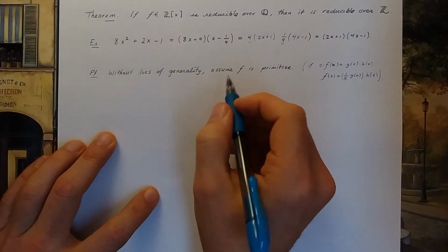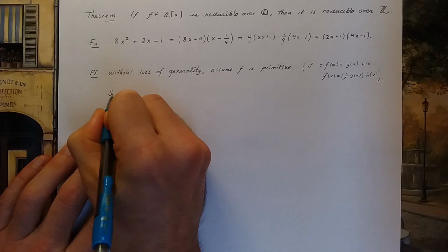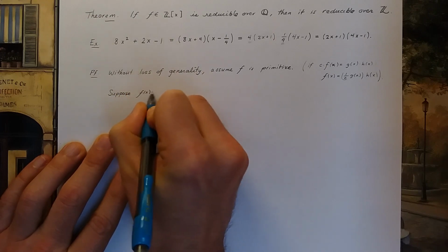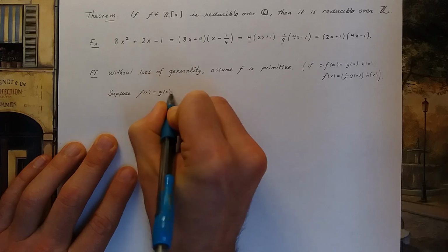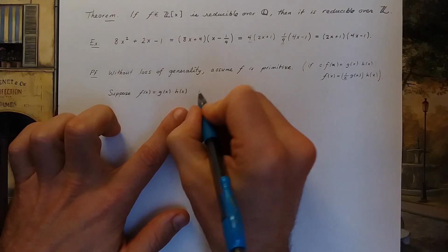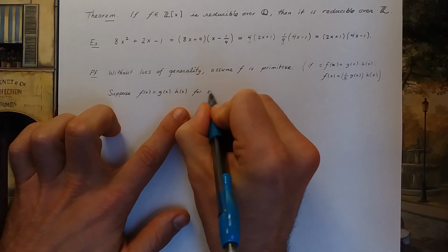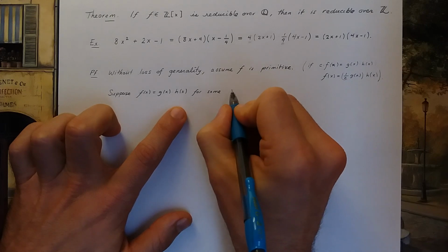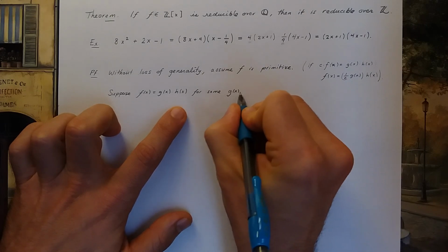So I'm going to assume that for this proof, and I'm going to suppose that f of x is g of x times h of x, where g of x and h of x are in the polynomial ring with rational coefficients.